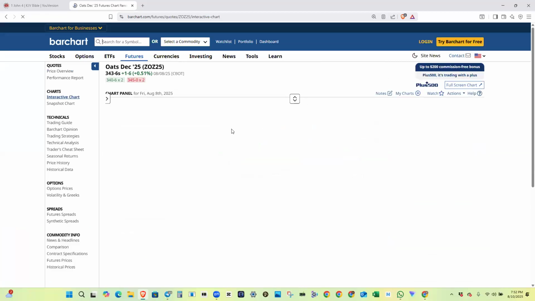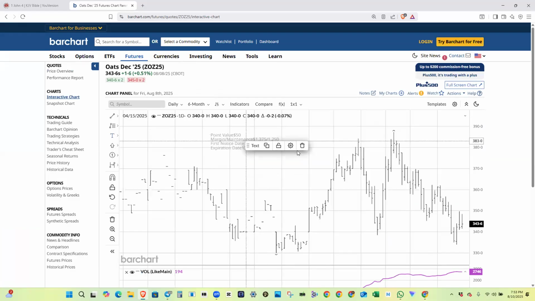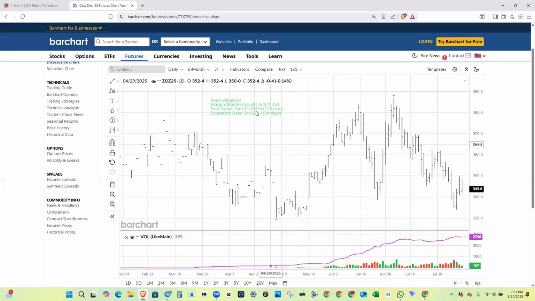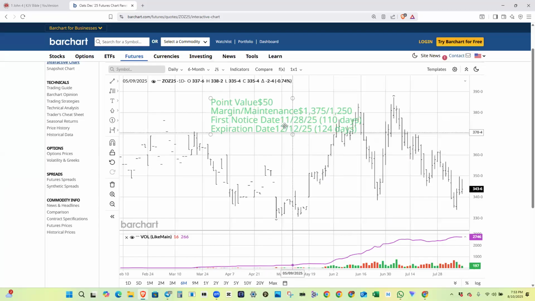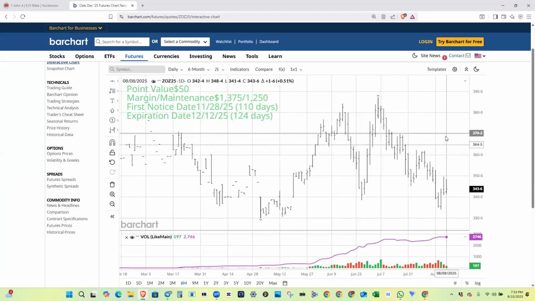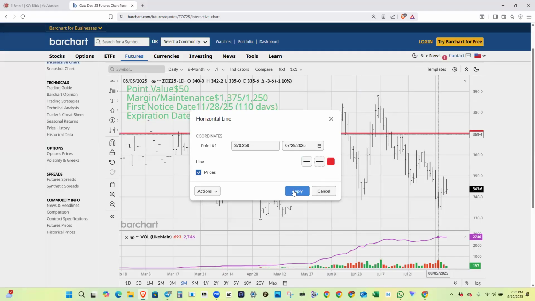However, I have margin and maintenance that I have to maintain. So to answer your question, let's say I got in the market at 360, and I put my stop loss at 370, and the market went up 5 points.